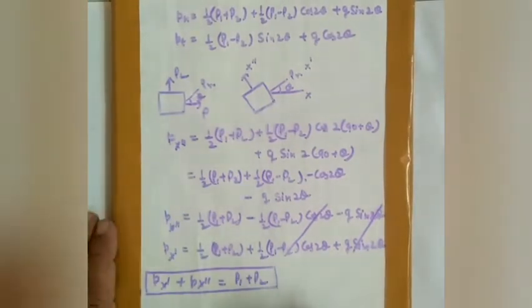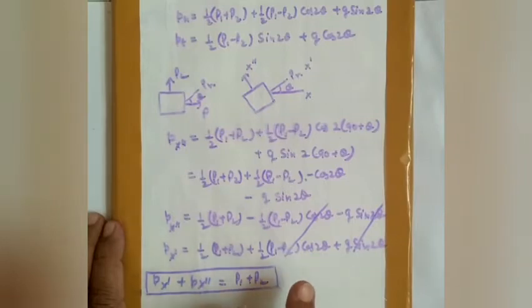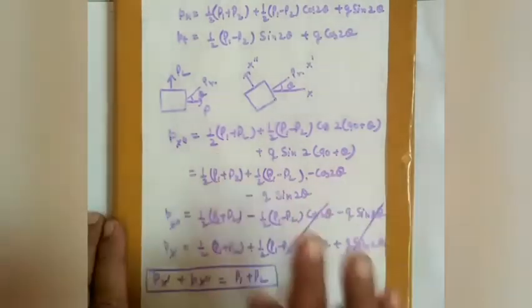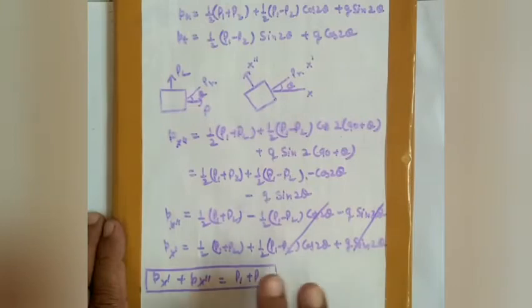It tells us the sum of normal stresses along two perpendicular axes remains constant to whatever angle the element is rotated, and also the intrinsic state of the stress element remains the same, that it is subjected to the same stresses.